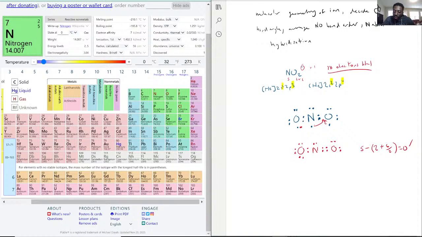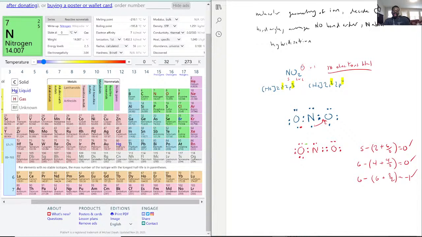Oxygen on the right, it's 6 minus 4, and it's also sharing 4. That's also 0. But the oxygen on the left, it has 6 electrons by itself, and it's only sharing 2. So this is where the -1 is. So that's where that negative charge is, okay?